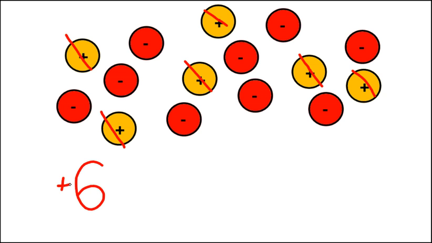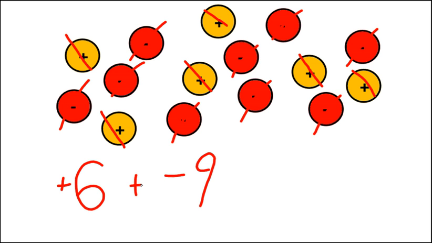For the negatives, 1, 2, 3, 4, 5, 6, 7, 8, 9 negatives. So I got 6 positives, 9 negatives. What they look at it always is it is an addition problem. You're combining them, putting them together. That's addition.